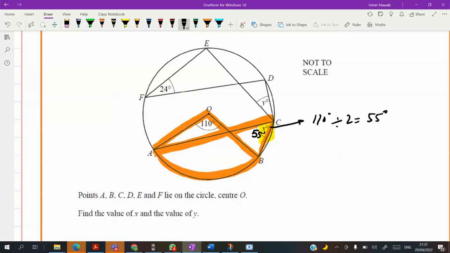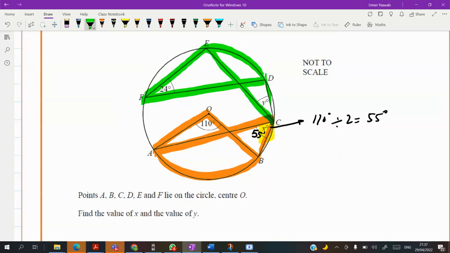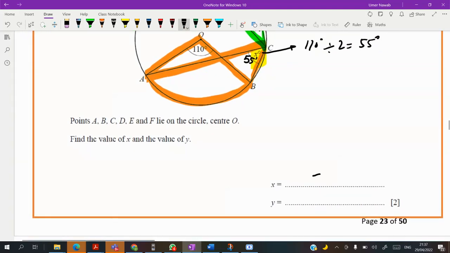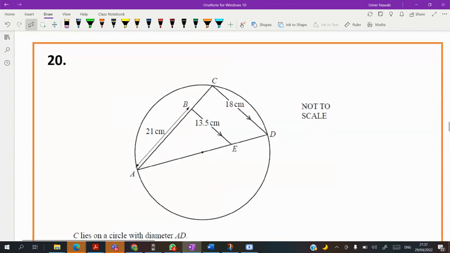We found it. And this arc, if we join it here at the circumference, again we join it at the circumference, angle in the same segment, so the y should be equal to 24. So 55 and 24.